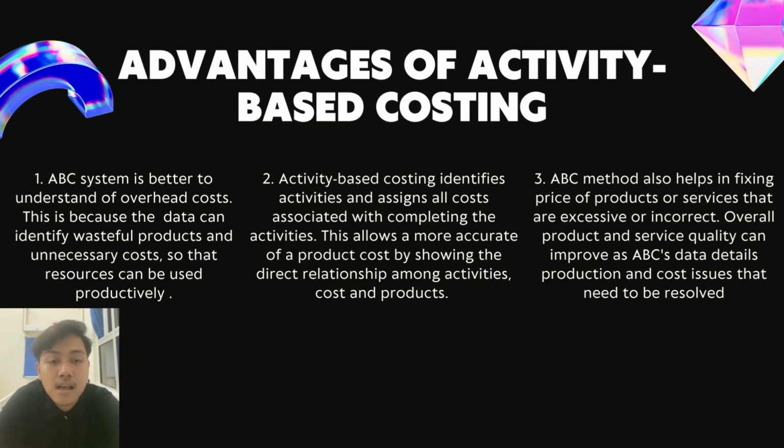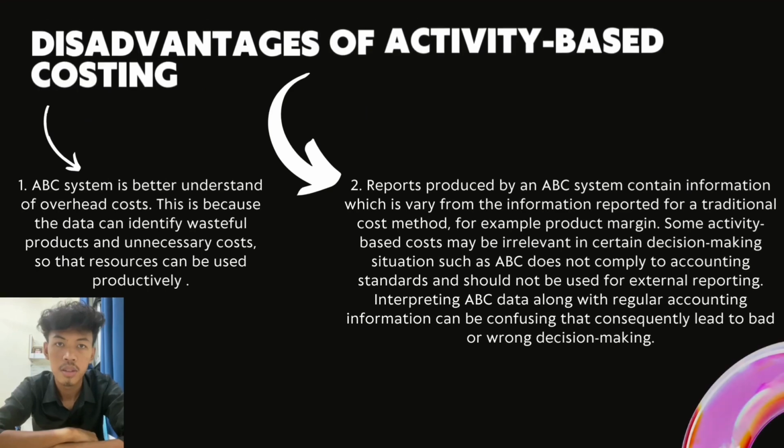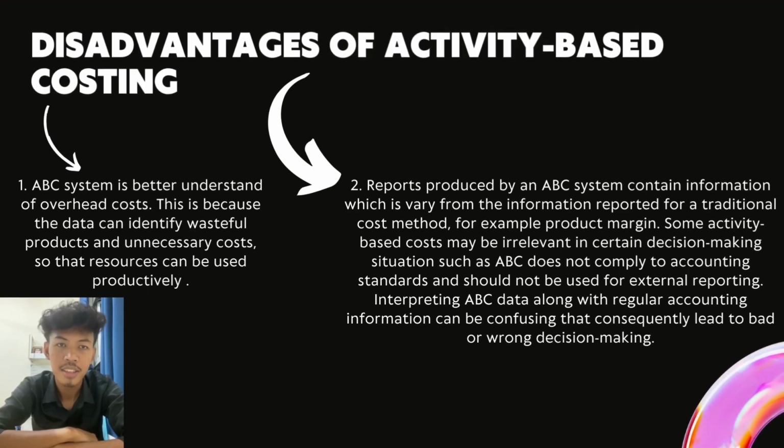And lastly, activity-based costing also helps in fixing the price of products or services that are excessive or incorrect. Overall, product and service quality can improve as activity-based costing data details production and cost issues that need to be resolved.